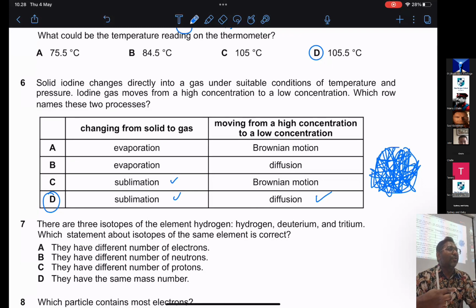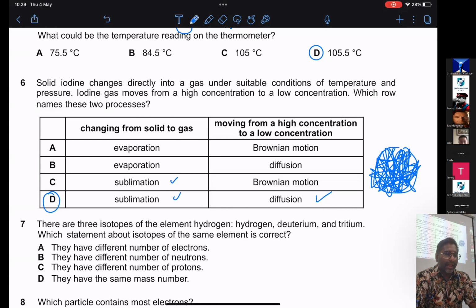So he concluded there must be gas particles hitting the dust particles, and the dust particles move and hit the wall of the container, and that's why he called this Brownian motion. That's why we say gas particles move in a random and irregular manner. So diffusion is high concentration to low concentration.